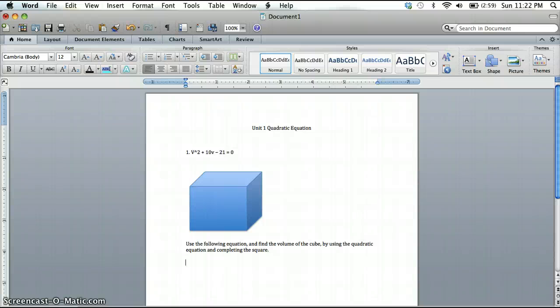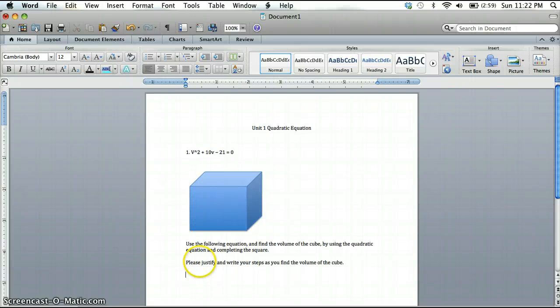I want the students to actually write out the steps. So I would also include, please justify and write your steps as you solve or as you find the volume of the cube.